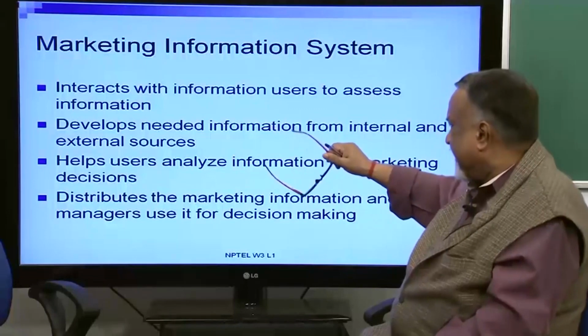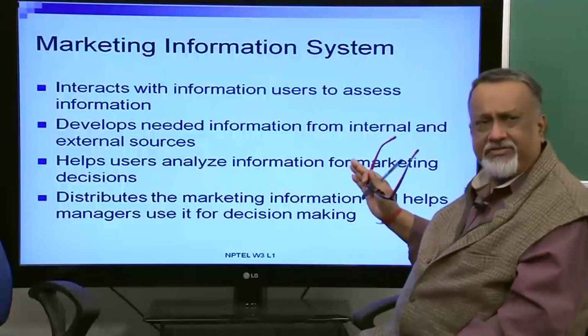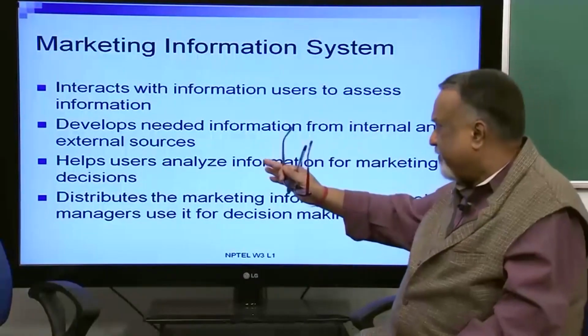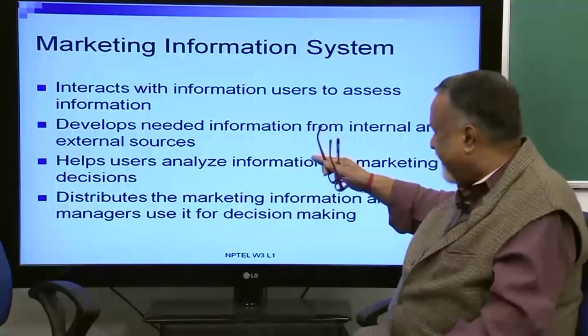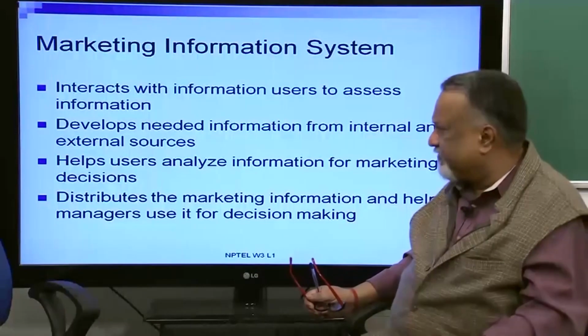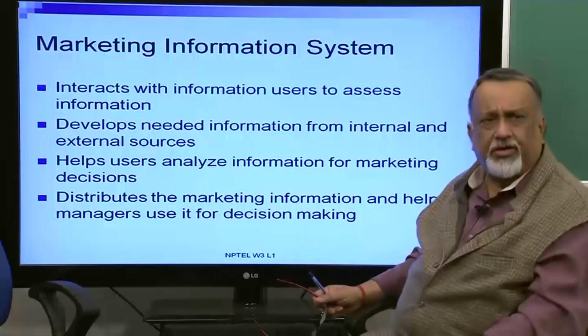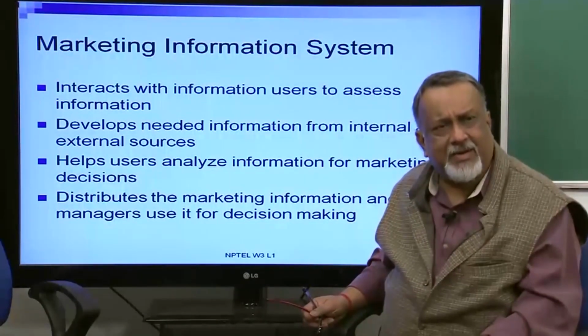Then that analysis and interpretation leads to an in-between stage which we should normally consider, that means this analysis of information leads to knowledge which prepares the action plan, the decision framework for what to do. And then of course, a good MIKS, marketing information and knowledge system, should have a good distribution system for that information, so that the right information is available to the right player at the right time.